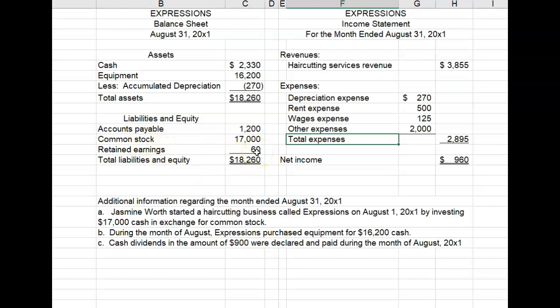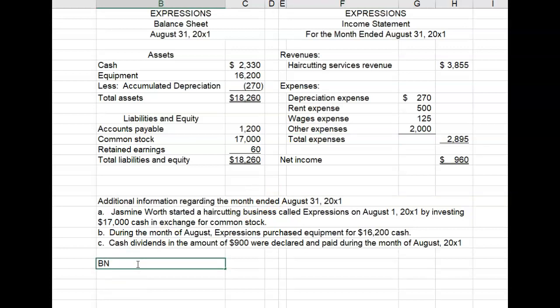Retained earnings is calculated, if you remember from way back in chapters 2 and 3, by taking your beginning retained earnings, adding net income, and subtracting dividends. That's always the change in retained earnings. So we could do a quick calculation here.